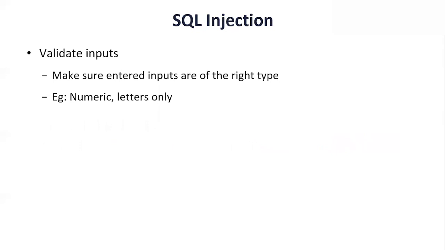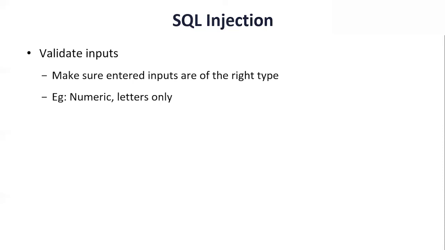And additionally, we can have input validation. If we are asking for a user ID, we should check whether the entered value is a valid user ID. If we know that it has to be a number, we can simply check whether the user has entered a valid number.